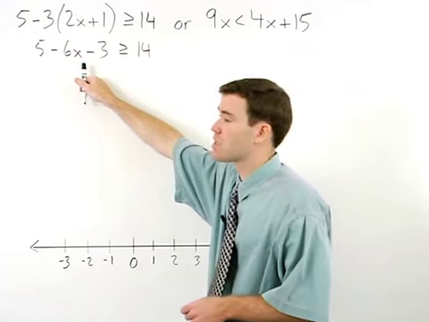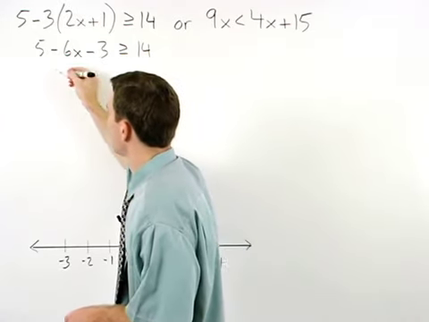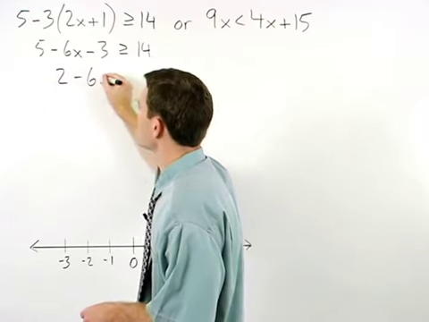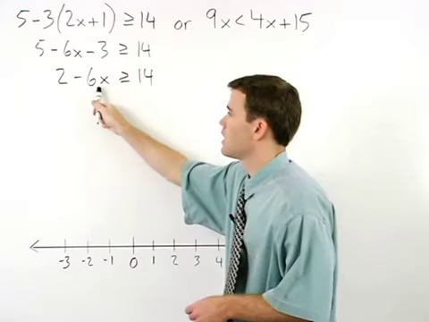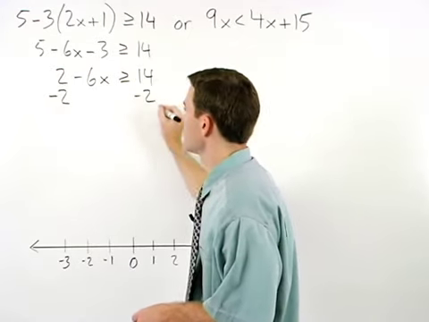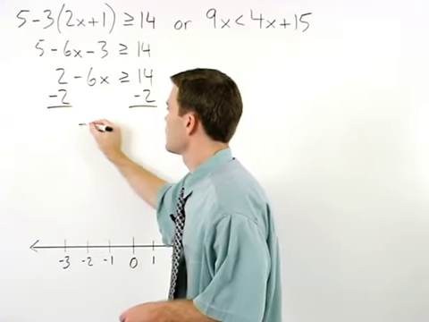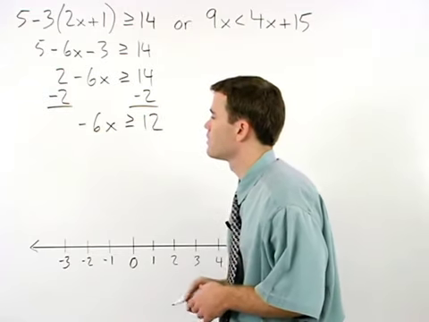Simplifying the left side one step further, 5 minus 3 is 2, so we have 2 minus 6x is greater than or equal to 14. Isolating the x term, we subtract 2 from both sides, and negative 6x is greater than or equal to 12.